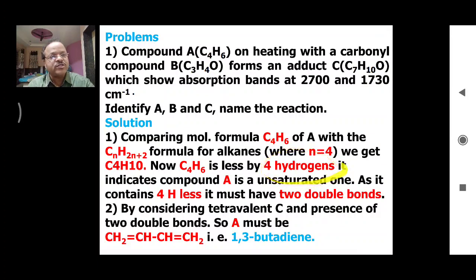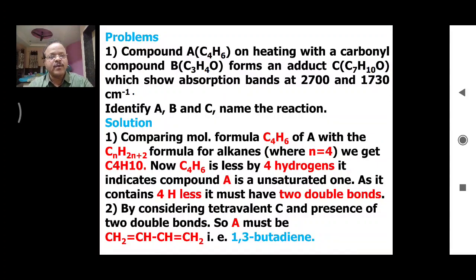So 4 hydrogens less means the presence of 2 double bonds. So compound A is an unsaturated compound, and it should contain 2 double bonds.